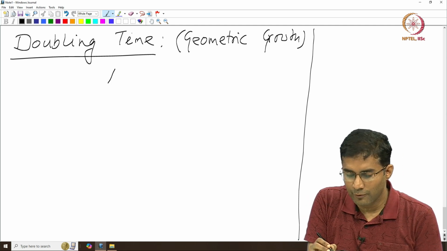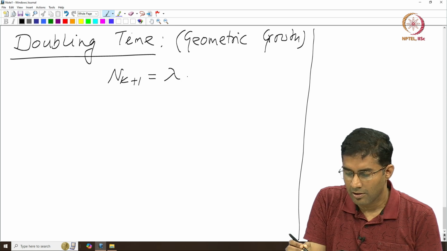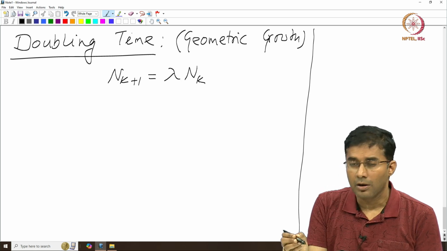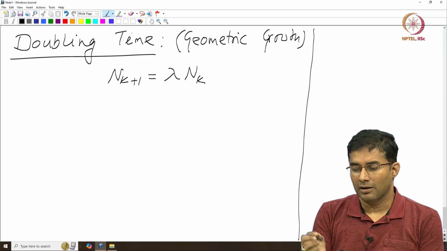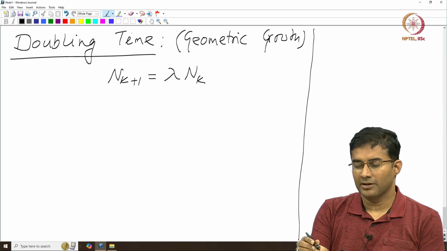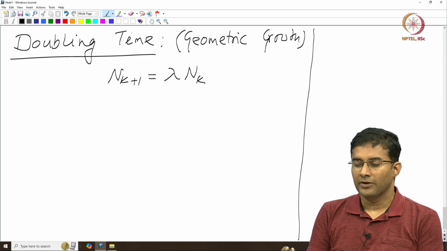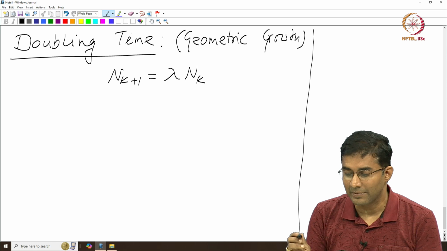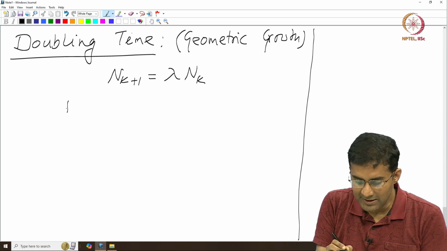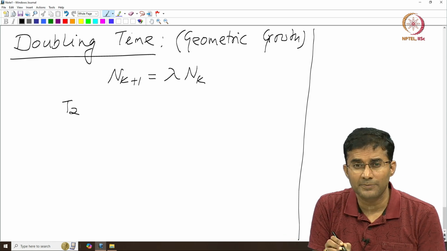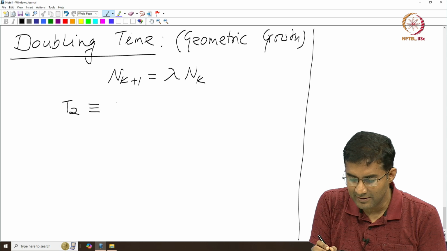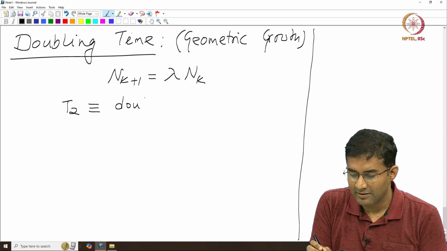Now let us look at the more general expression of this discrete time population model, where the birth and death rates are constant. In this case, let us understand doubling time. Let us say that T2, I am using the subscript 2 to indicate that the population size has doubled.